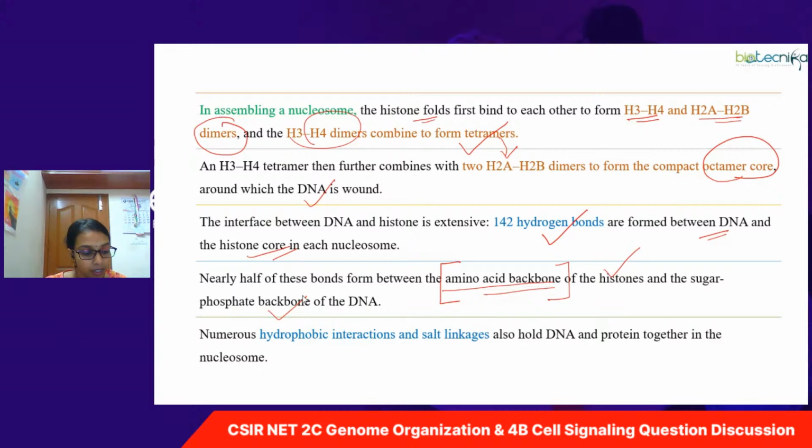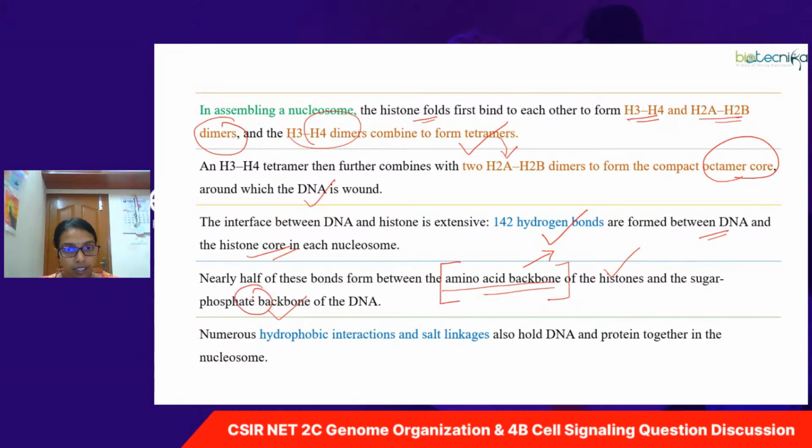So what are the amino acids? I want to know, histones are made up of what kind of amino acids? Very simple, everyone can give the answer. Which amino acid are you having? We know that DNA is negatively charged. Why? Because of the phosphoryl group.